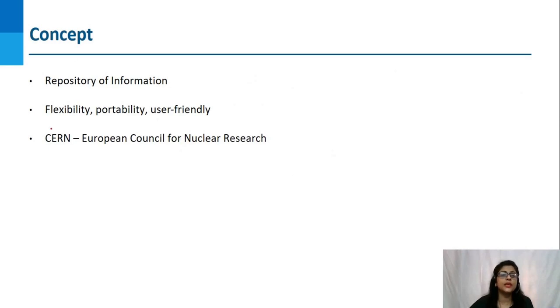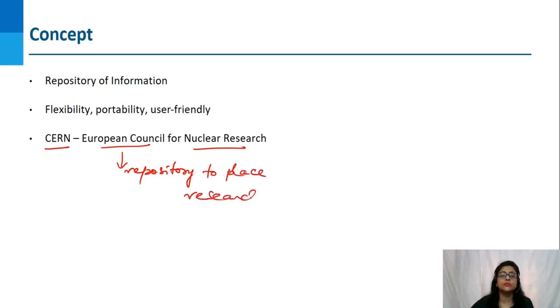This was basically formed by CERN, which is the European Council for Nuclear Research. Initially, they developed this repository to place the research articles for the purpose of research, and slowly it evolved as a repository of various information throughout the world.